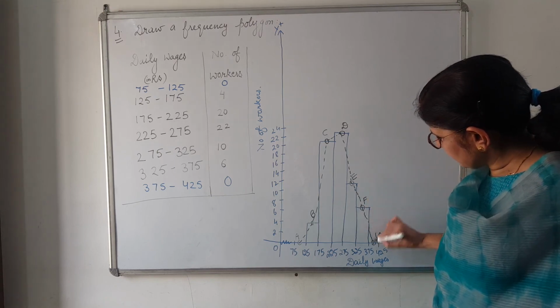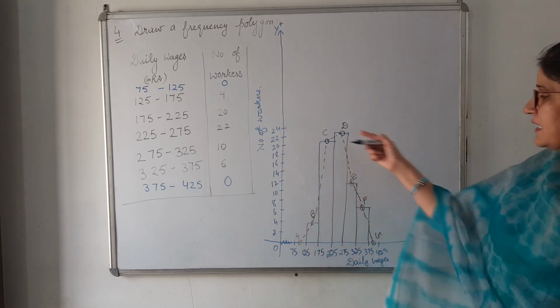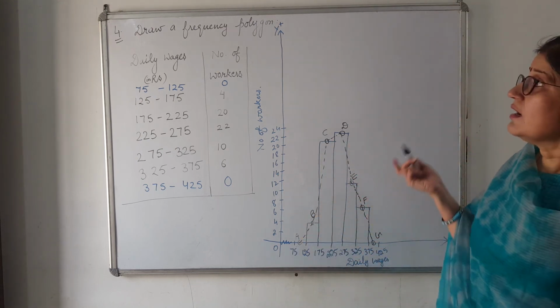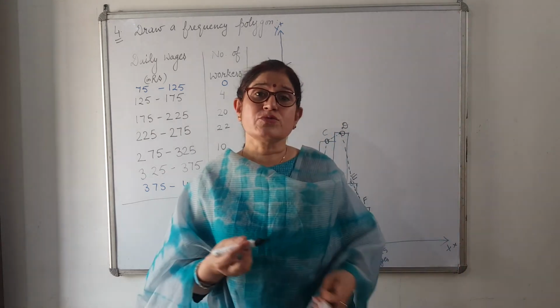And like this we get our frequency polygon. You can name it as A, B, C, D, E, F, G, H, the required frequency polygon. So the rest of the sums you have to try with the same method.